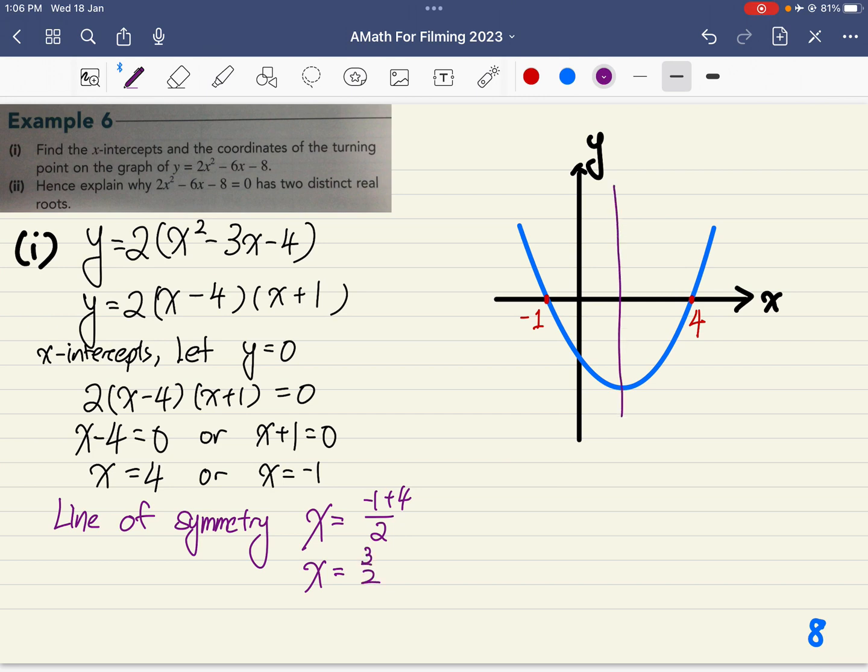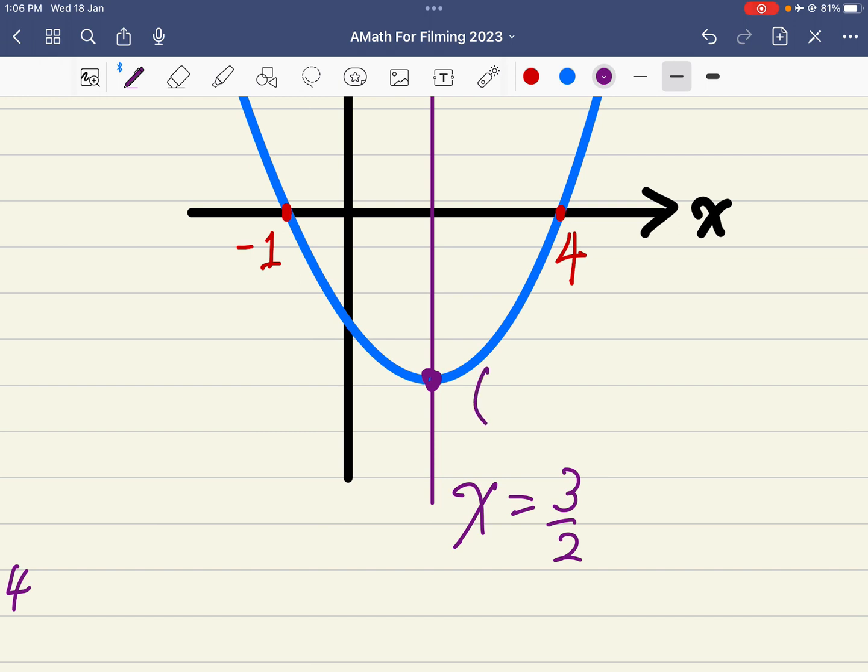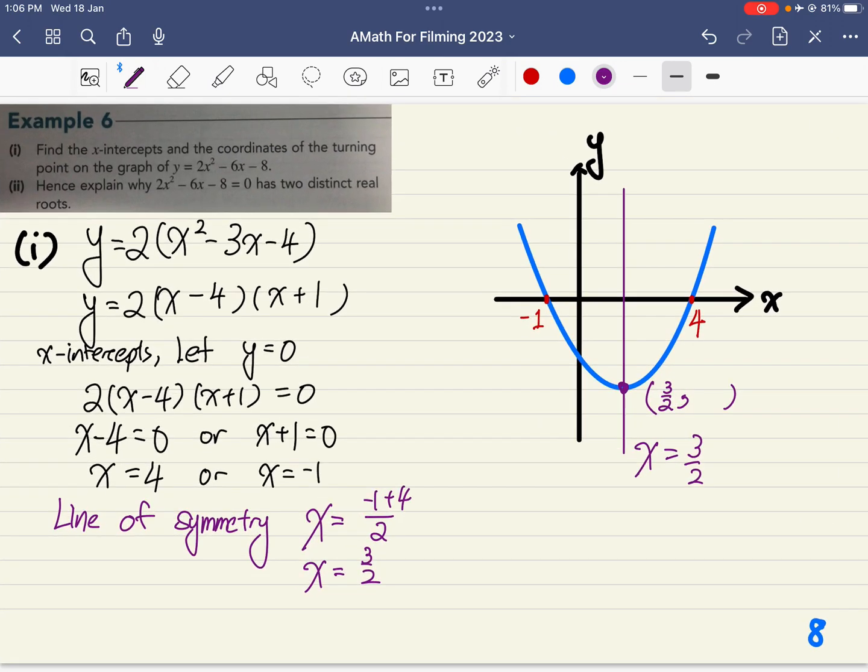If I draw a line down, this line of symmetry implies that my x value is equal to 3 over 2. If you focus on this point here, I can write down that my x coordinate is 3 over 2. My y coordinate is still unknown.